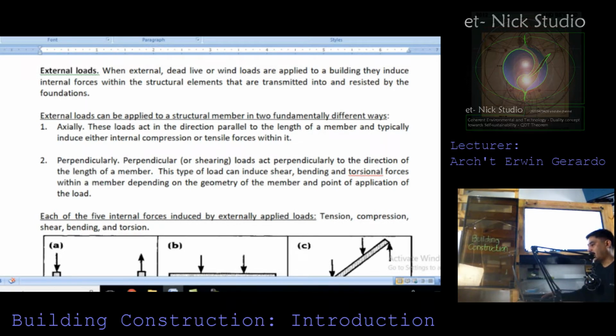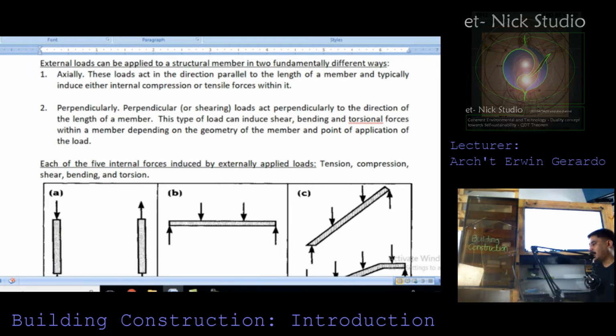External loads can be applied to a structural member in two fundamentally different ways. Number one, axial loads act in the direction parallel to the length of a member and typically induce either internal compression or tensile forces within it.